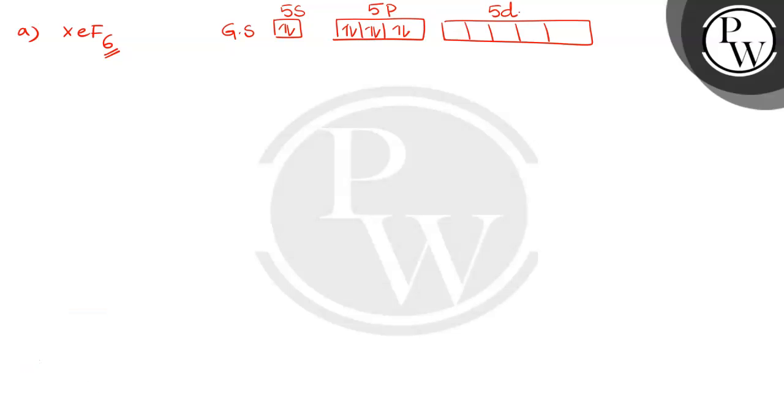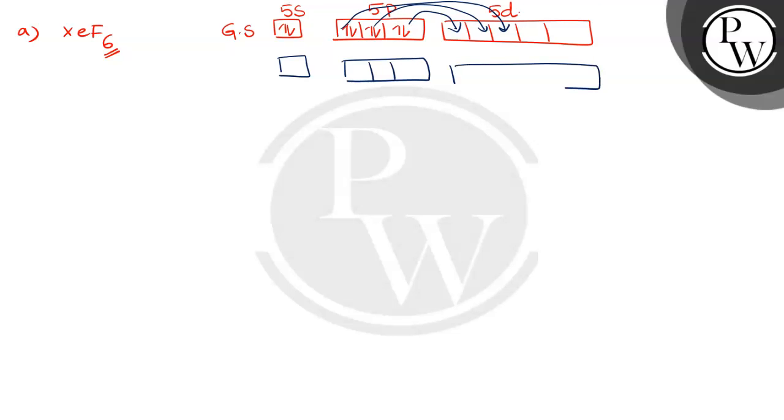So it undergoes excited state. So this electron is jumped from here to here and here to here and here to here. So in the excited state, it has this type of electronic arrangement. These are not disturbed. These lone pairs remain as they are. And remaining all become unpaired electrons. 1, 2, 3, 4, 5, 6.